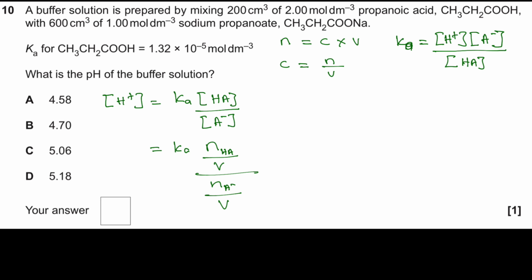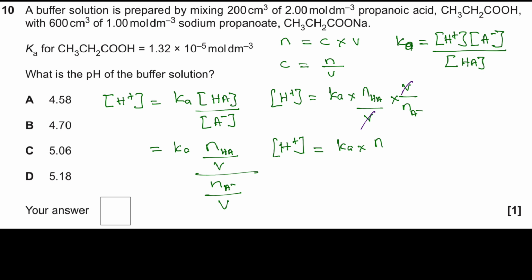Because they're all in the same volume, we can write the H plus concentration as Ka times the mole of acid over volume times volume over mole of A minus. Because this is a fraction divided by a fraction, you turn the divide into times and flip this, and you can see the volume cancels with volume, so you don't even need to calculate the concentration. You can now find the H plus concentration to be Ka times the ratio of mole of acid over the sodium propanoate mole.